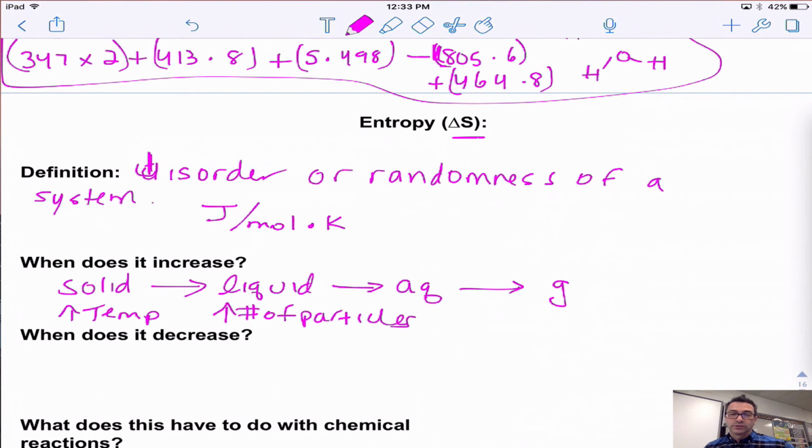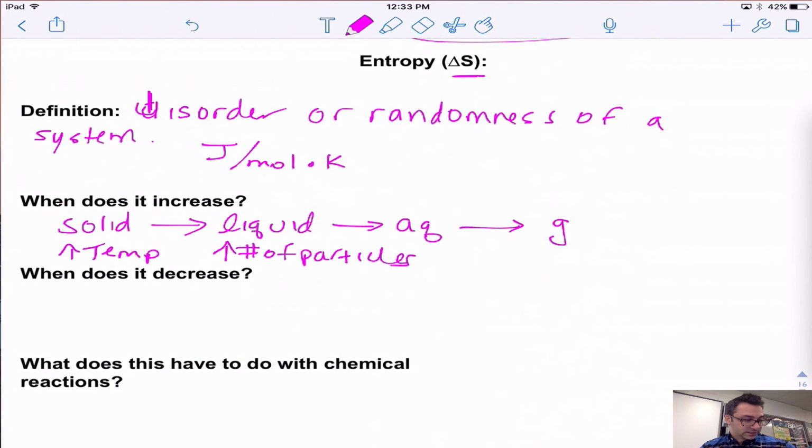If you start off with 2 moles of gas, and then those 2 moles decompose and you end up with 5 moles of gas, for example, the more moles of gas have more freedom of movement, more disorder, more randomness, and the entropy will increase. When does it decrease? It's all the opposite of this. So gas going to aqueous, aqueous going to liquid, liquid going to solid. Decrease in temperature, and decrease in the number of particles.